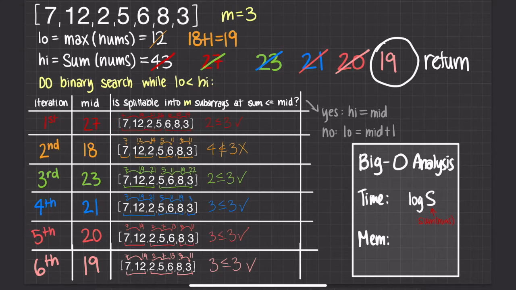So that has to be times by n, where n is the length of nums, giving us a total of O of n times log s. In terms of memory, since we only have constant pointers, our memory is O of 1.